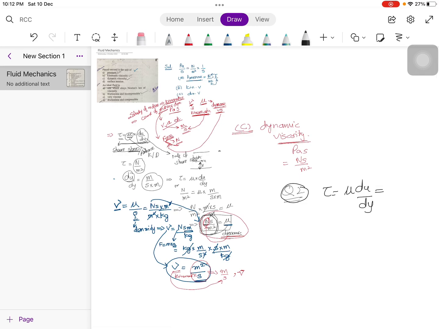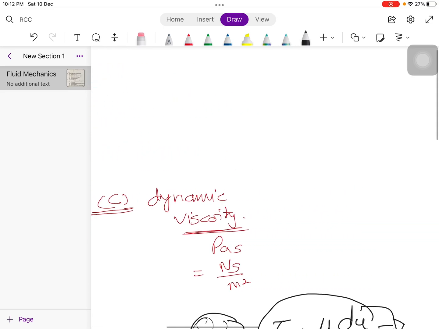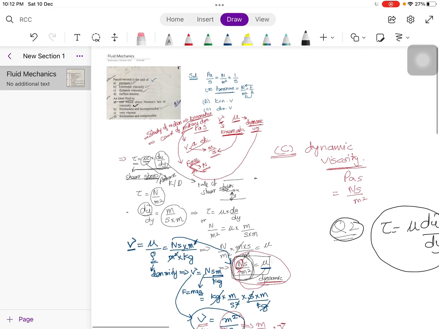Since it's Newton's law of viscosity, the fluid which obeys this law would be known as a Newtonian fluid. So the first option is ruled out. The one which obeys Newton's law of viscosity is a Newtonian fluid.